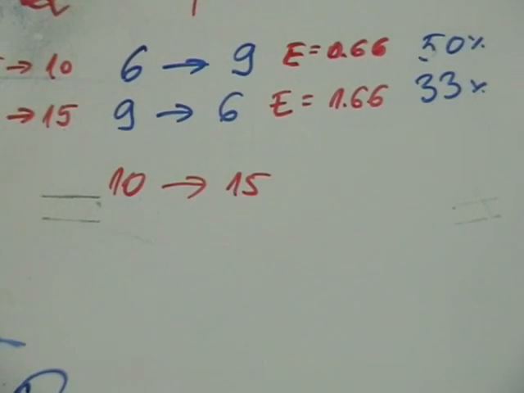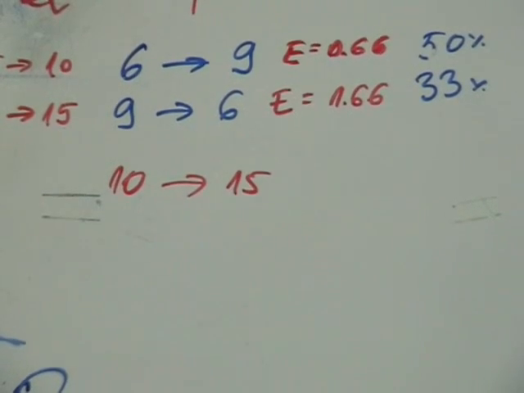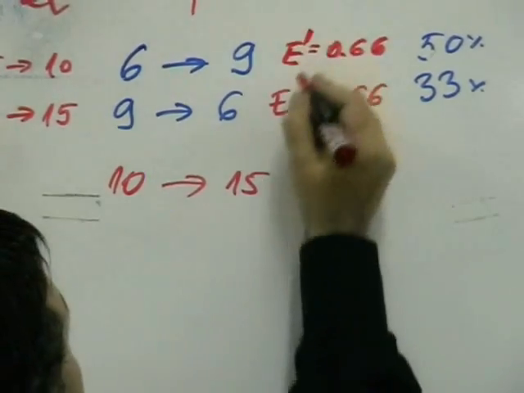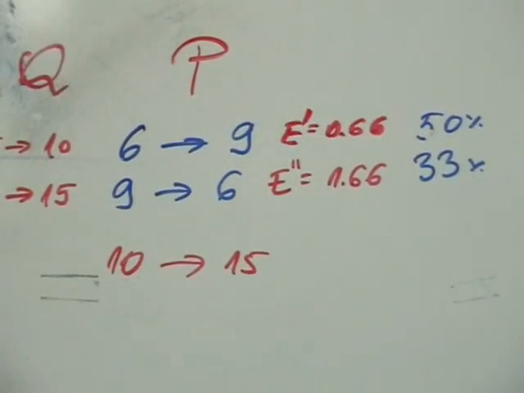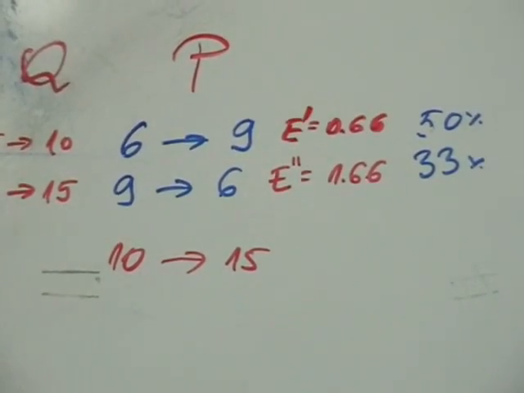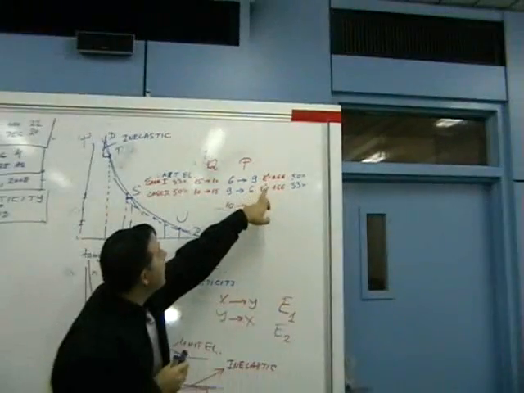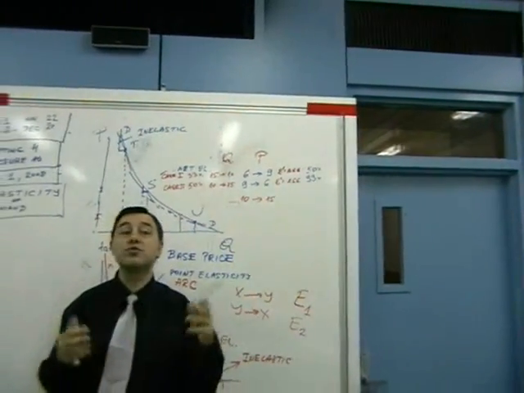And the difference will be more significant and larger, the larger the difference between X and Y. So, if you shrink the difference between X and Y, the difference between what we call here E prime and E double prime will also be shrinking.